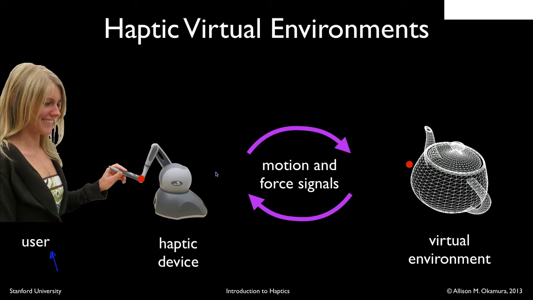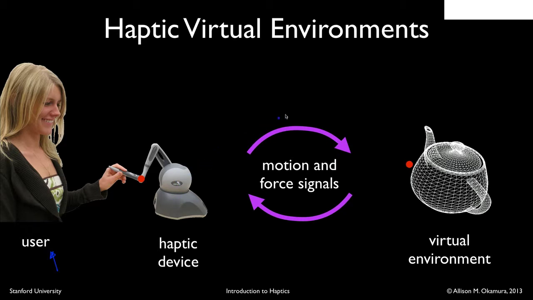In this case, it's the Phantom Omni, now also called the Magic Touch. And she manipulates this end effector in order to move this haptic interaction point around in the physical world. However, she's not just feeling the mechanism itself, she's feeling a virtual world which is being represented in the computer that's controlling the motors on this haptic device.